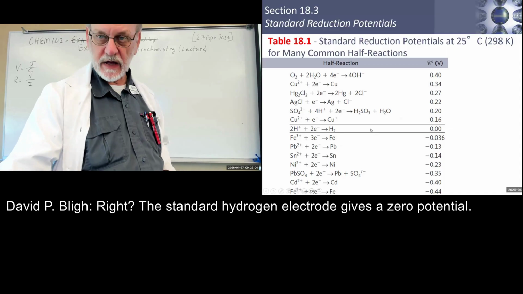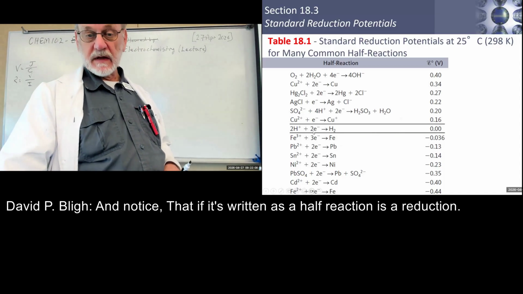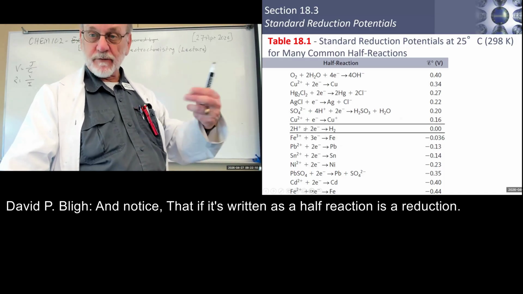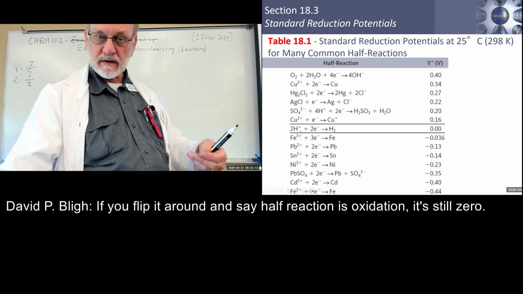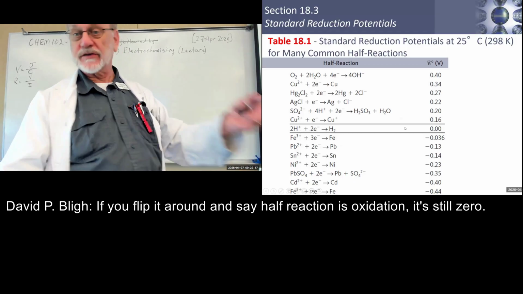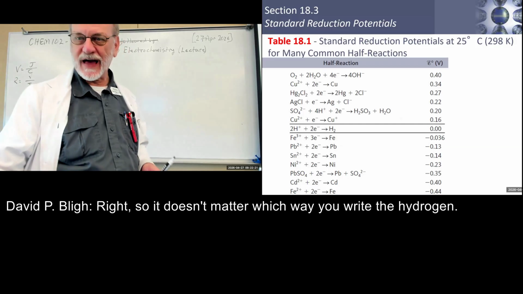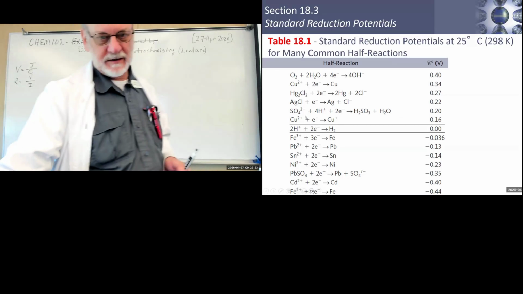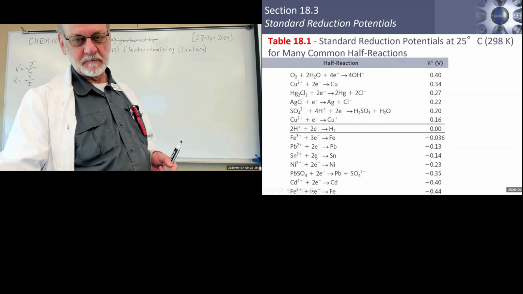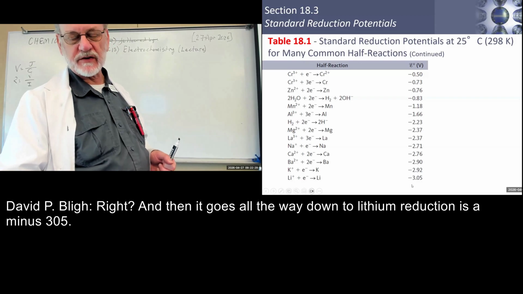The standard hydrogen electrode gives a zero potential. And notice that if it's written as a reduction, and you flip it around and say the half reaction is oxidation, it's still zero. So it doesn't matter which way you write the hydrogen. Right? And then it goes all the way down to lithium reduction, which is minus 3.05.